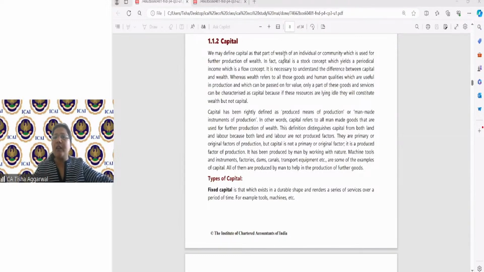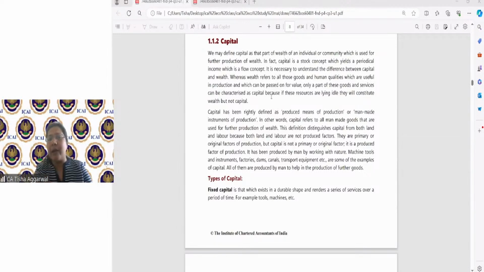Correct? To earn wealth out of it. So, whenever I talk about capital, capital is that part of wealth of an individual which is primarily for the further production of wealth. Understand? For example, if I put 100 rupees in any business, I have a target of earning 105 to earn future benefits. That is what is known as capital.